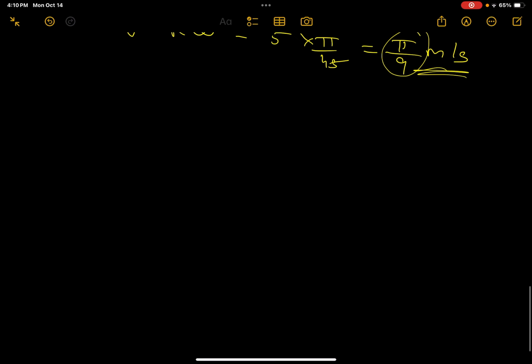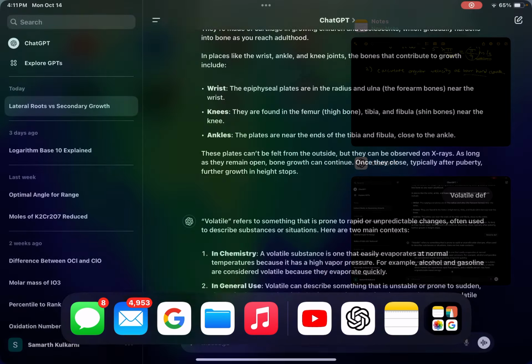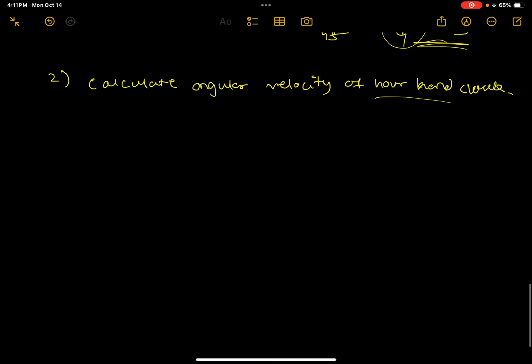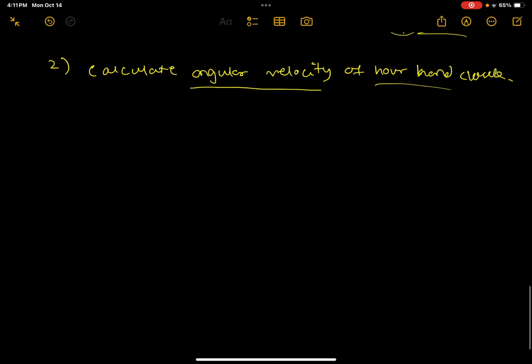So the second one is: calculate the angular velocity of the hour hand of a clock.